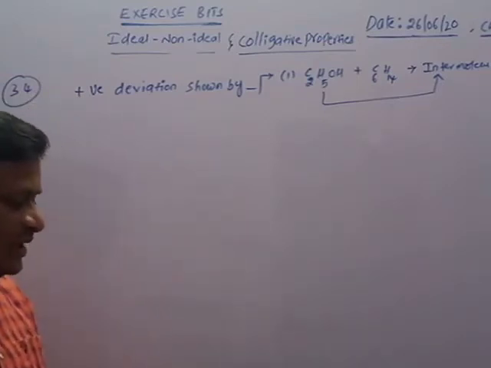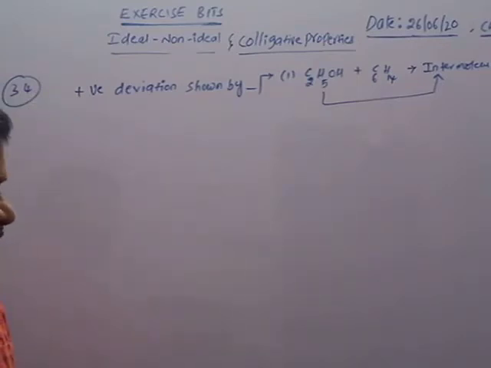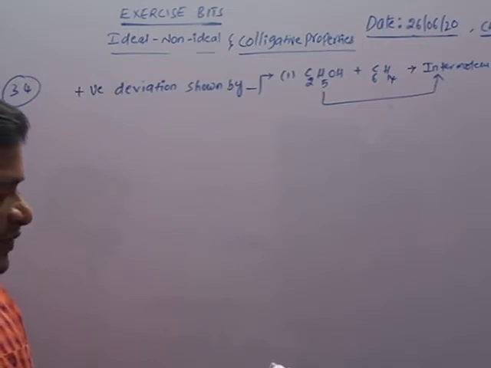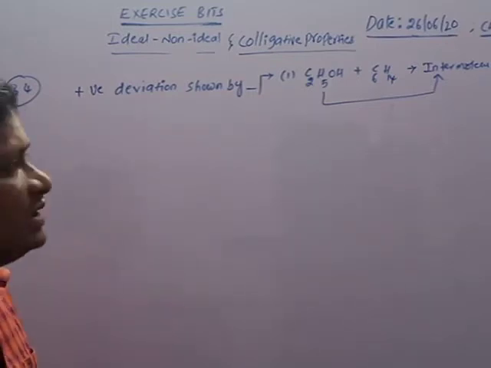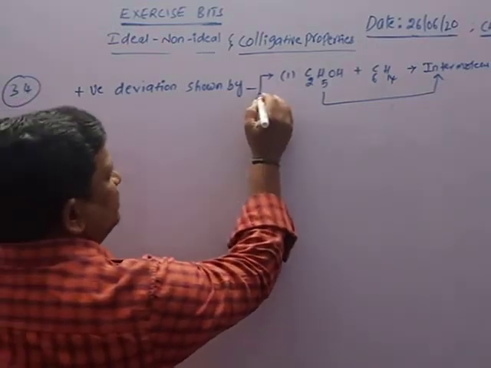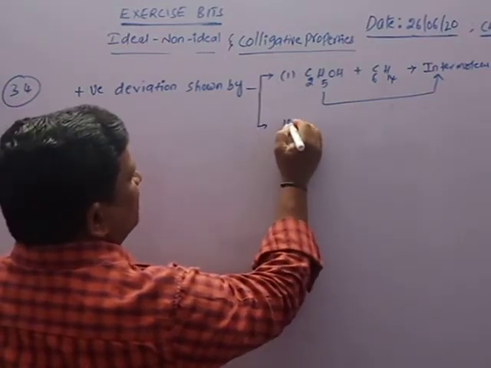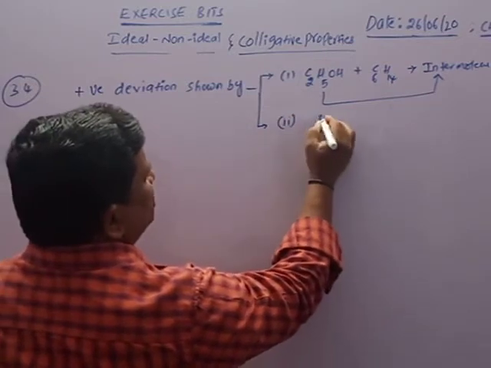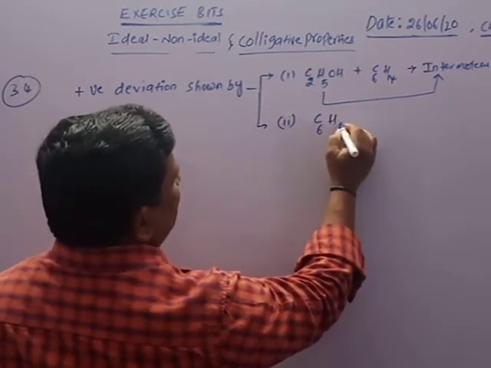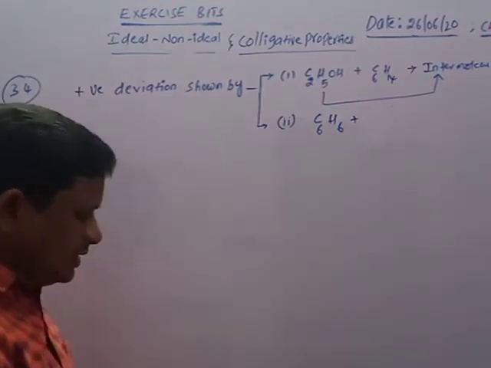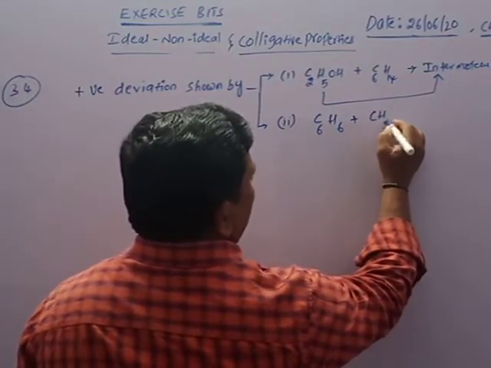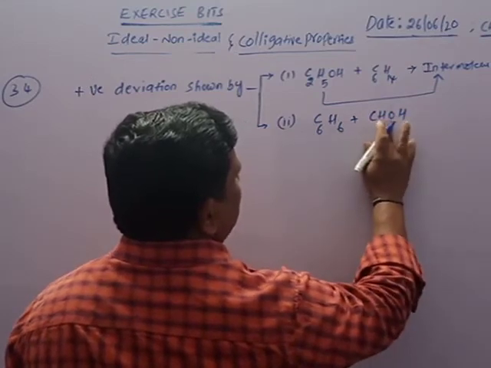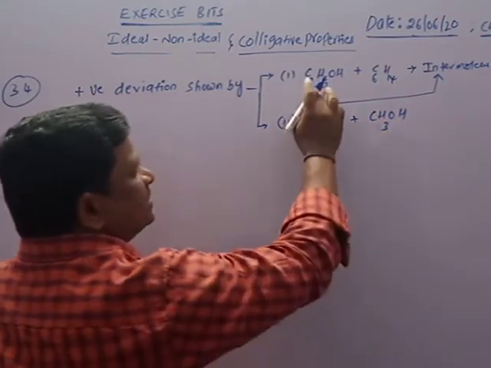The next one, according to question 34 with respect to the options, is benzene and methanol, which also show positive deviation. The second example is benzene, C6H6, plus methanol, CH3OH.